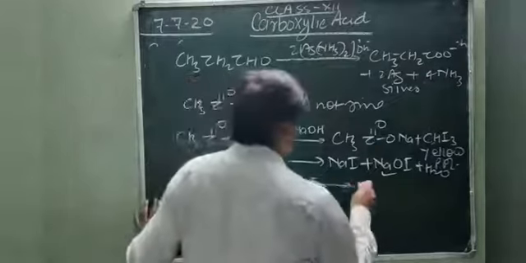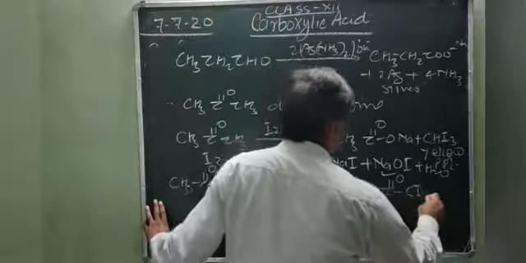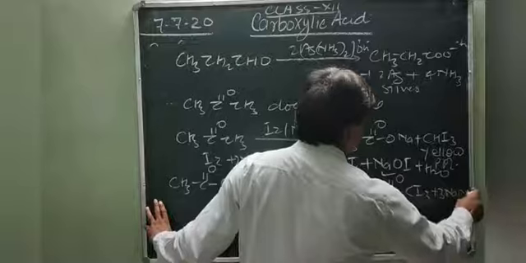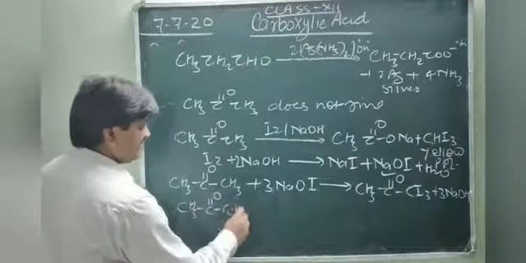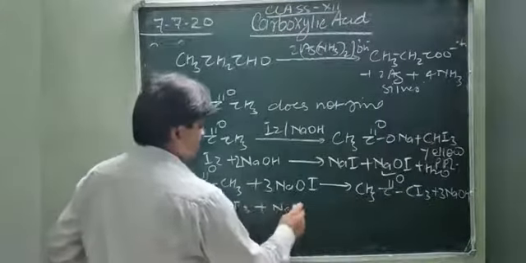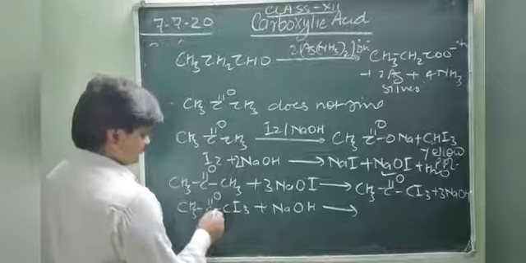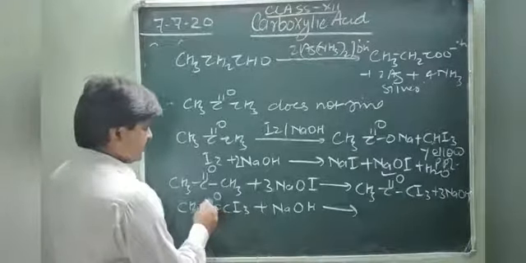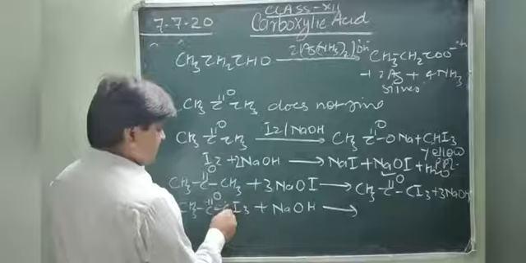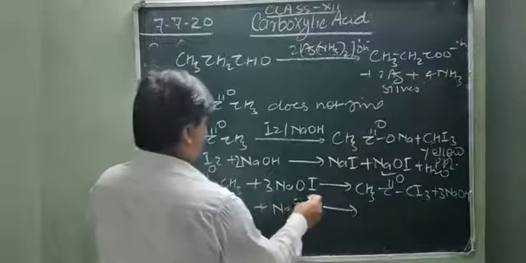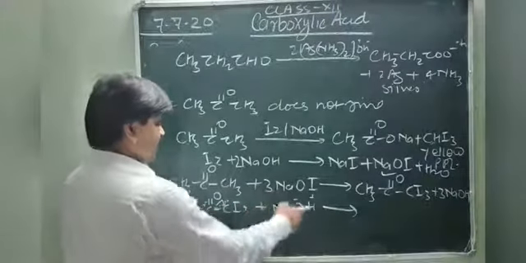So the formation is CH3COCI3 plus 3NaOH released. Further, CH3COCI3 reacts with NaOH. This carbon becomes positive, and it is attacked by the OH minus from NaOH at this carbon.